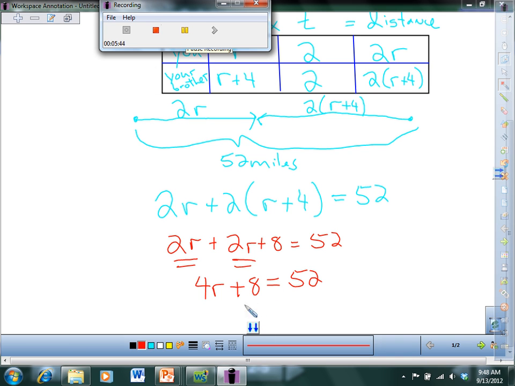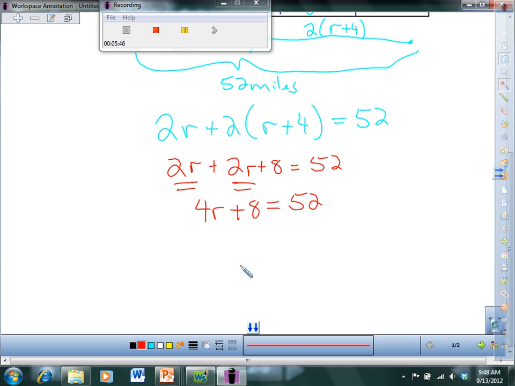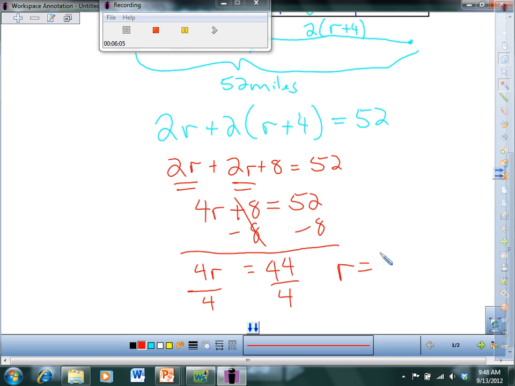So what you do is you subtract 8 from both sides. That goes away. You get 4r equals 44. Divide by 4. Divide by 4. And like Vince said, you are going 11.